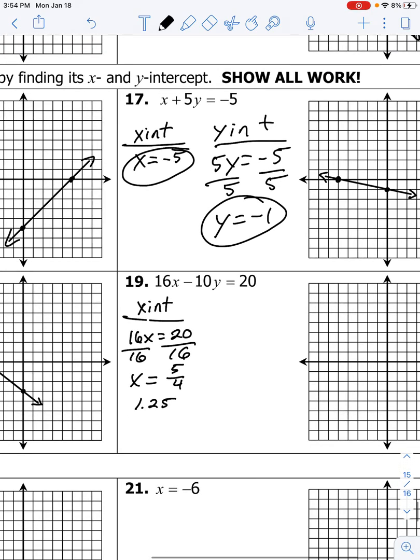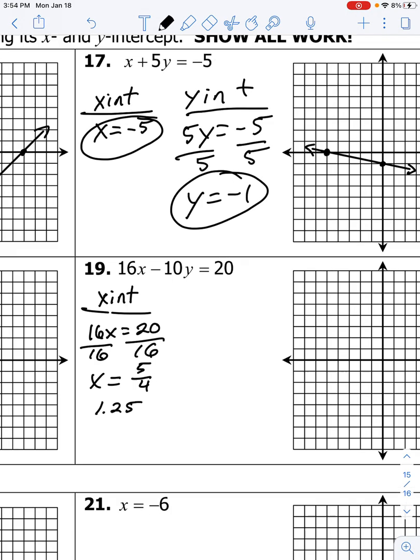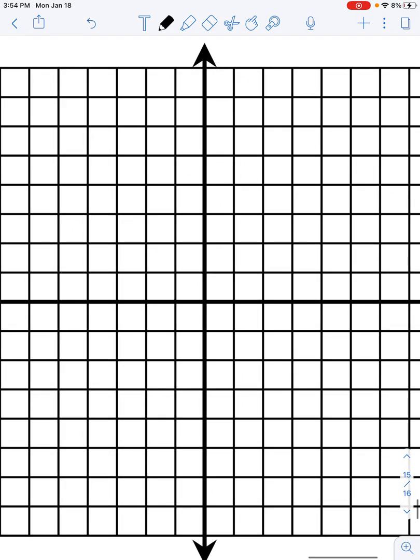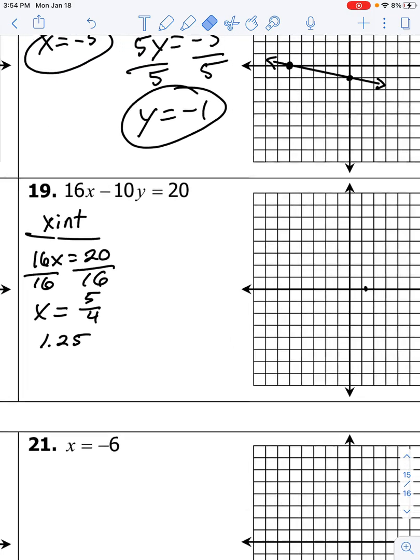All right, so we're going to plot 1.25 on the x-axis. So here's 1, here's 2. This would be a half, so we need to plot it before that, right about here. Okay, that would be 1.25 right there.